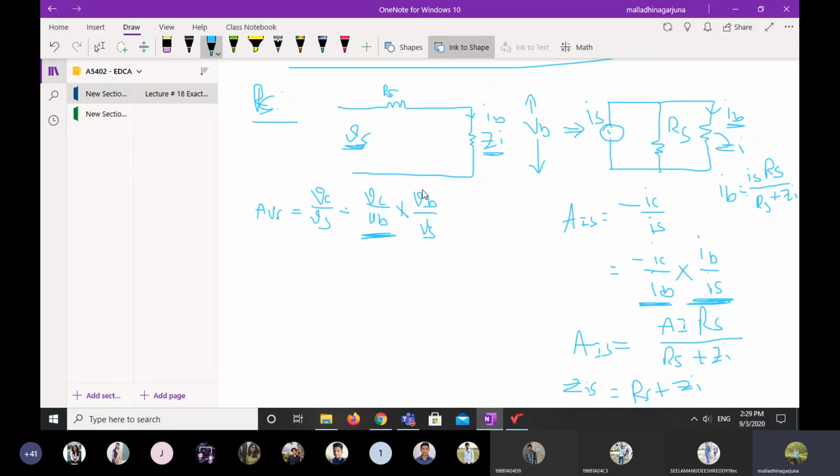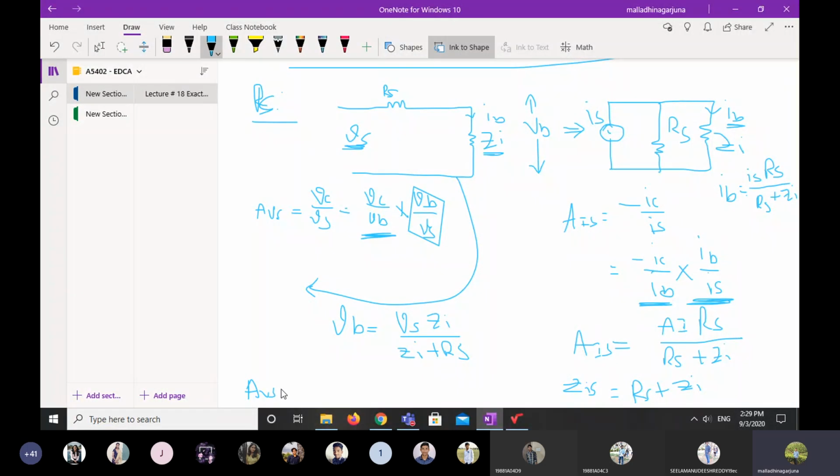To calculate the second, apply Thevenin's theorem here. So VB equal to VS into Zi divided by Zi plus Rs. So now VB by VS equals Zi by Zi plus Rs. Now we substitute here.